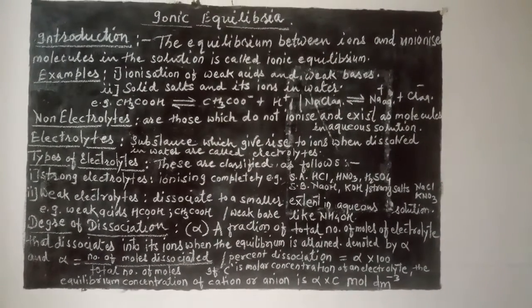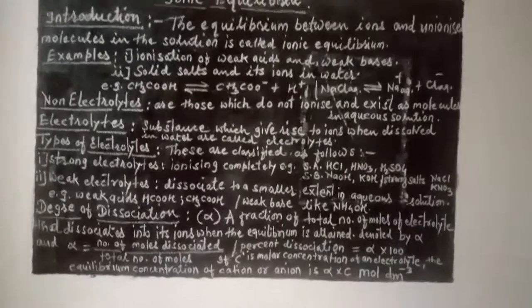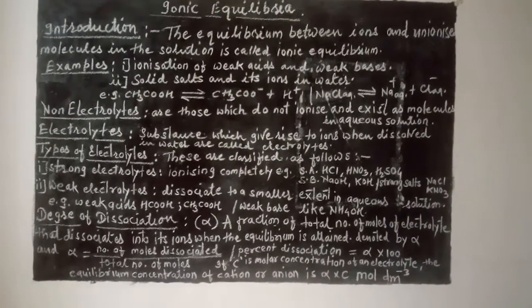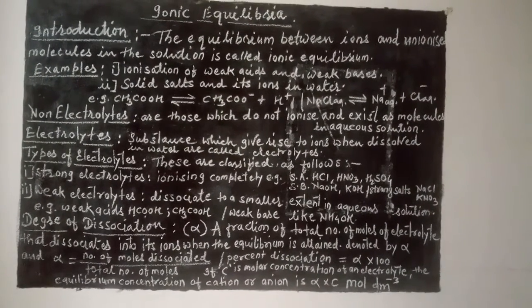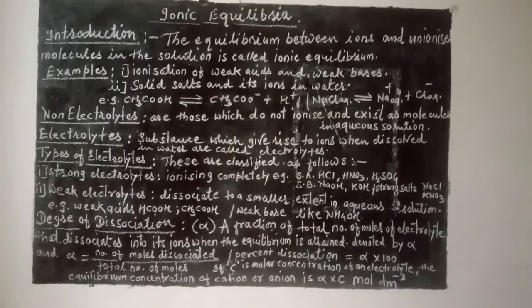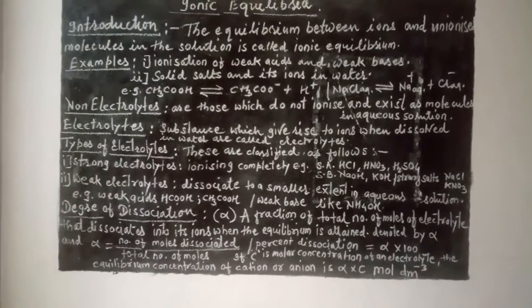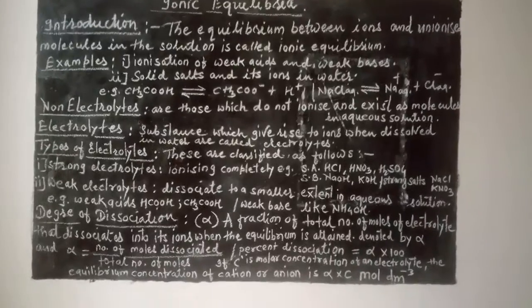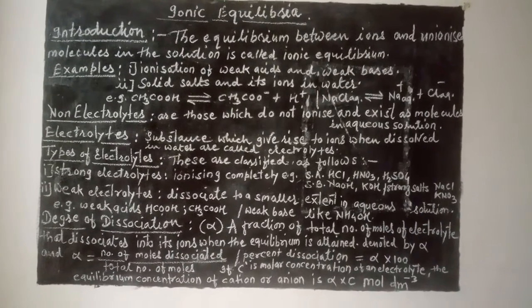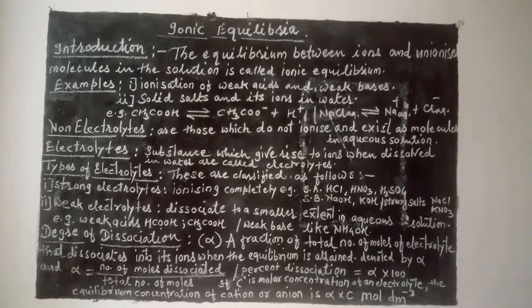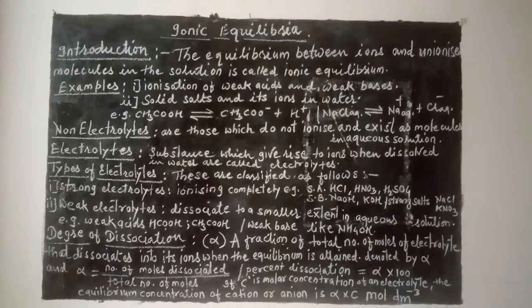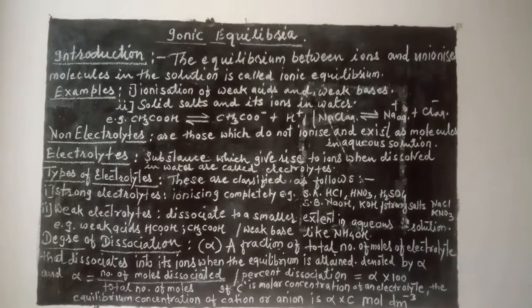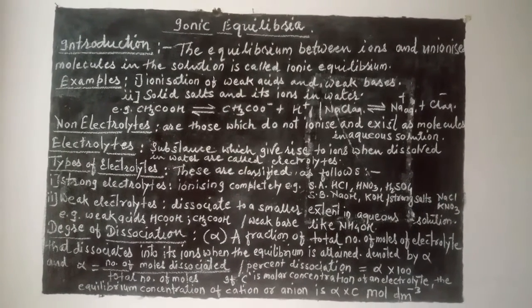non-electrolyte. On the other hand, another term is electrolyte. See here on the blackboard, the substances which give rise to ions when dissolved in water are called electrolytes. I am going to repeat. The substances which give rise to ions when dissolved in water are called electrolytes.